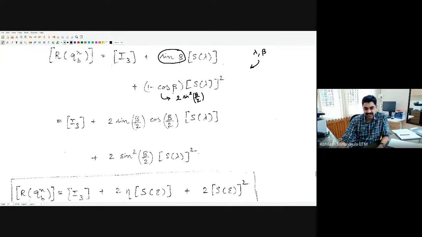Once I write it in that manner, it is easy to see that if I take this sine beta and multiply it into this matrix, instead of the skew symmetric matrix of lambda times sine of beta by 2, what I am essentially having is a skew symmetric matrix defined in terms of epsilon.